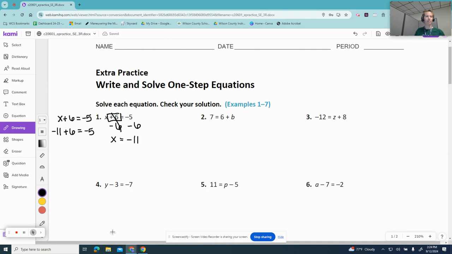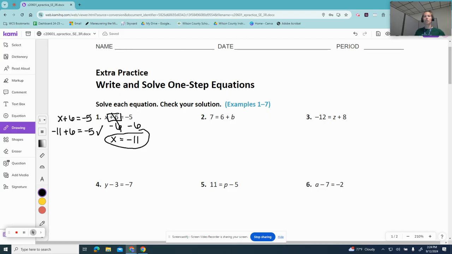Well, -11 plus 6, our integer rules say if we're adding and we have opposite signs, we subtract them. 11 minus 6 is 5, and we keep the sign of the larger absolute value, which is the -11. So the answer is -5. So this is correct, which means x does in fact equal -11.